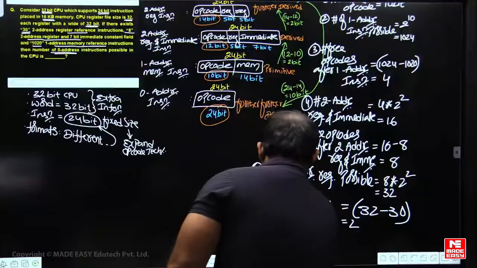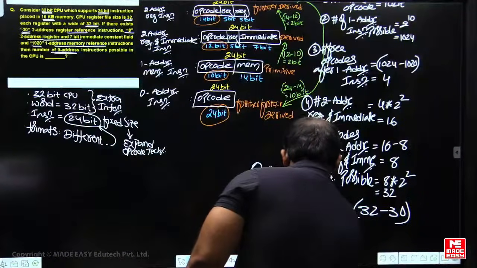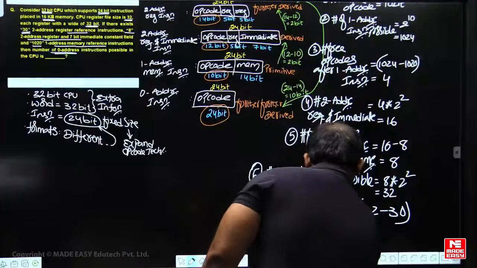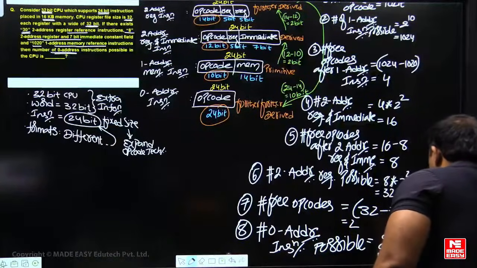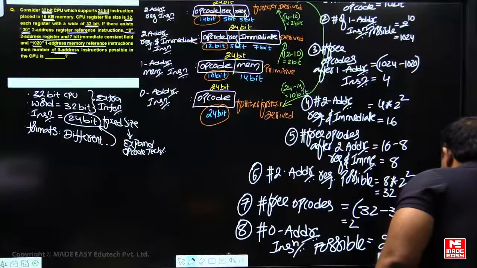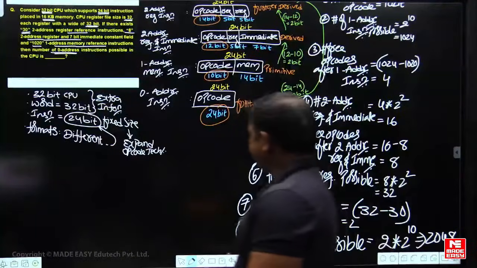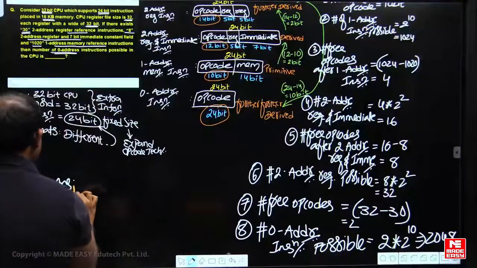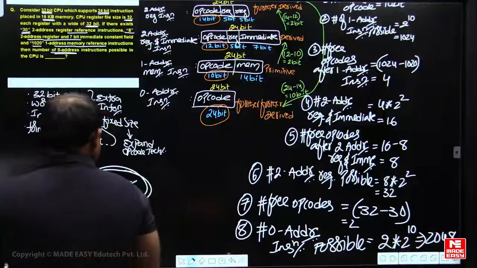Then the number of zero address instructions possible is 2 into 2 power 10, equal to 2048. So in this question, the answer is 2048. Okay, students.